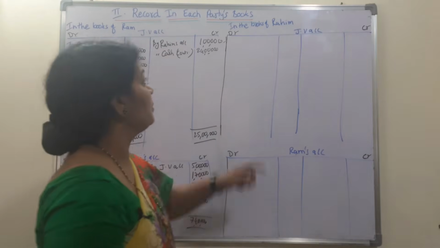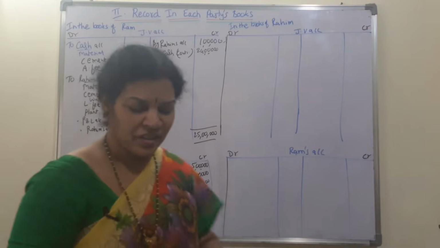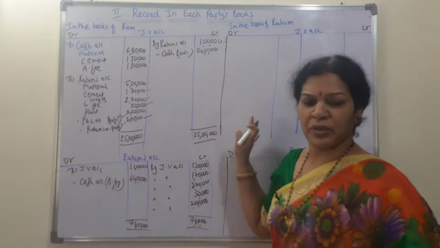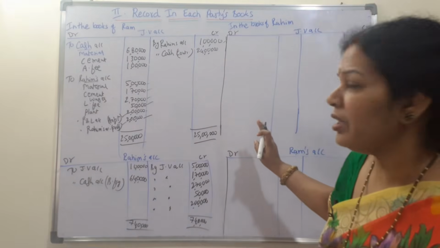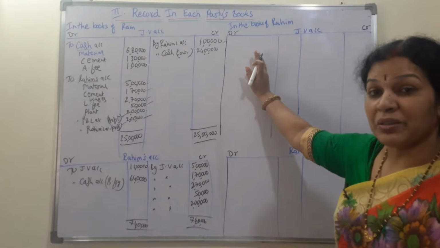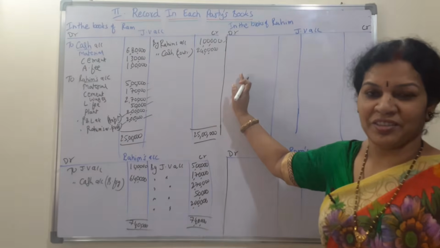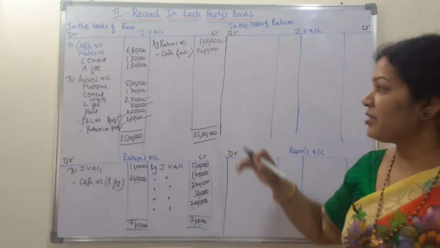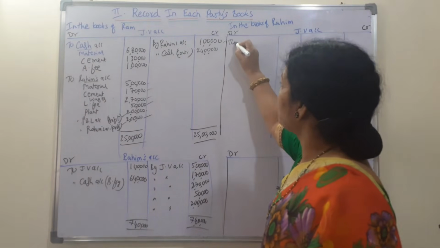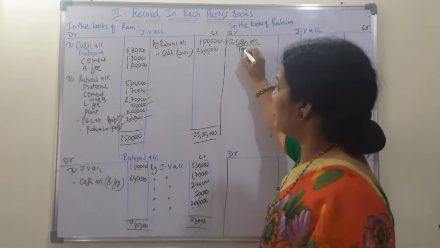Now come to the books of Raheem, joint venture account and Ram's account. If you prepare this, as it is we are going to write. But the only thing is that where you are writing cash, you will say Ram, because Ram's expenses. And Raheem's you will say cash. First we will write Raheem's transactions to cash account. What are Raheem's?